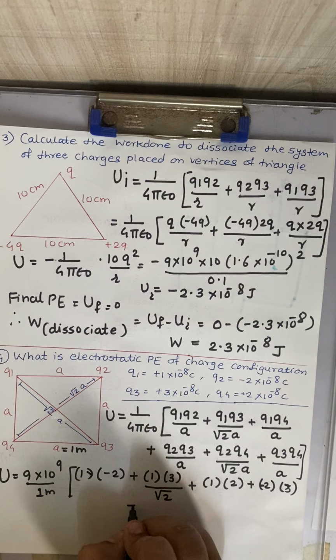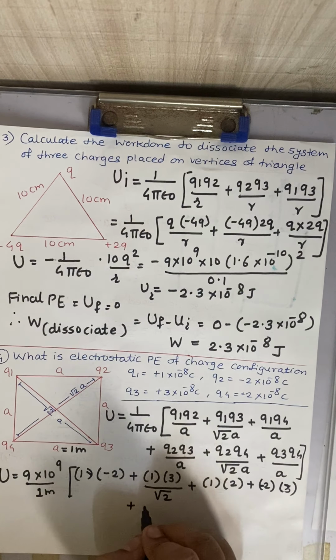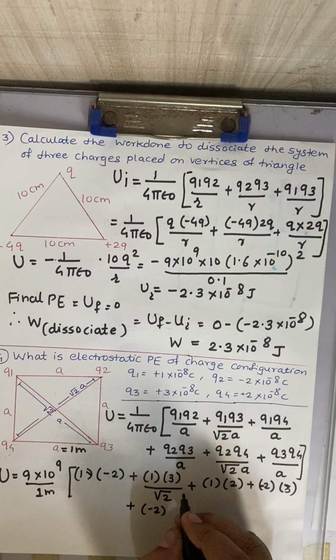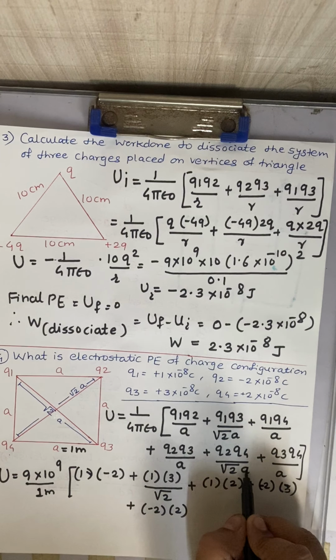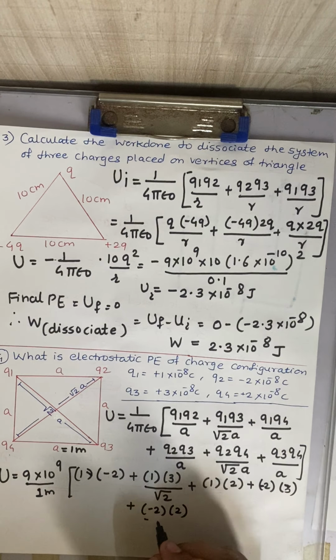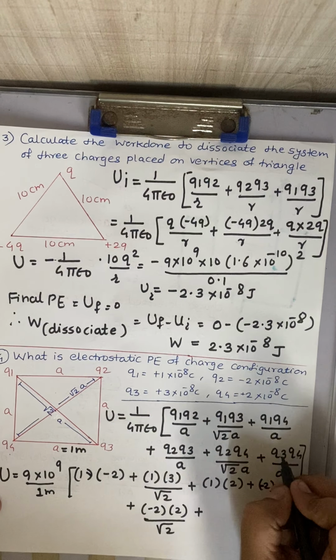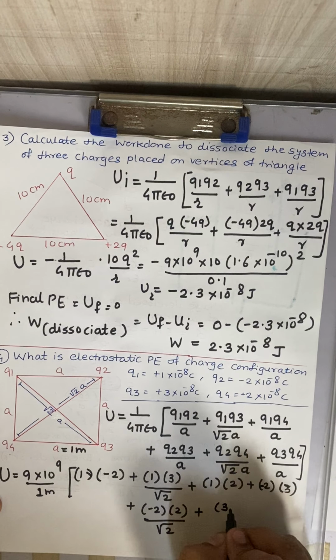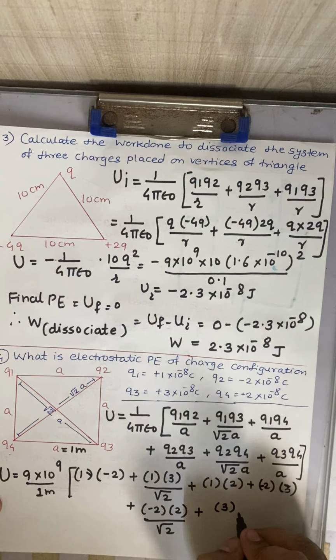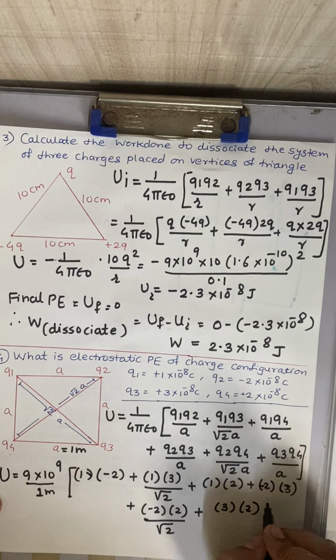Now the next term is q2 q4. q2 is minus 2 and q4 is plus 2, divided by root 2 a, a taken outside, so I write root 2. And the last term is q3 q4. q3 is 3 and q4 is 2, already a taken outside.